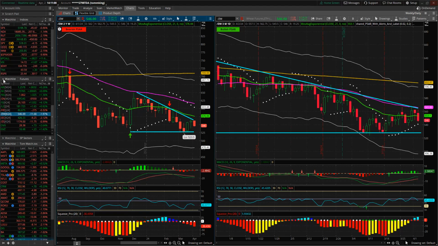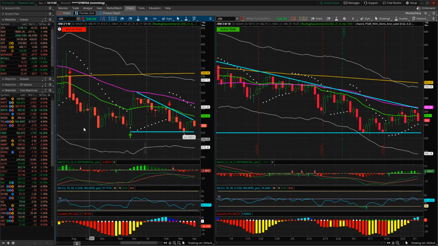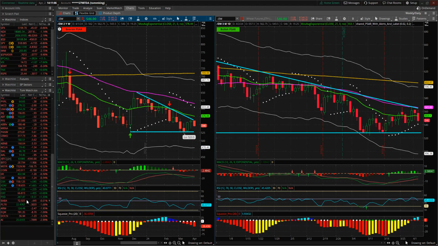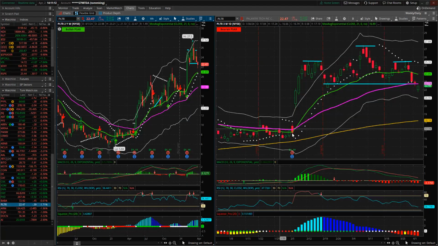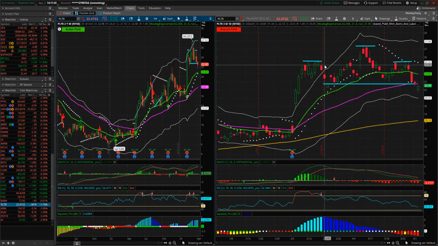That's pretty much it. Now we'll rock a couple of stocks really quick. Everybody's favorite: Palantir. What do you see on Palantir? If we were trading this thing, you can't draw head and shoulders on thinkorswim, but this is pretty much a head and shoulders.